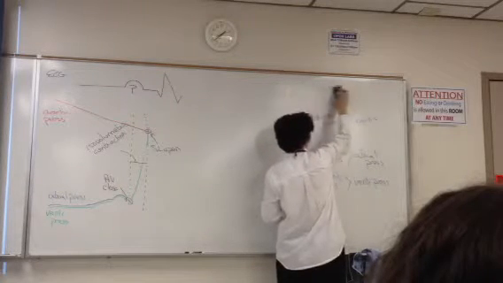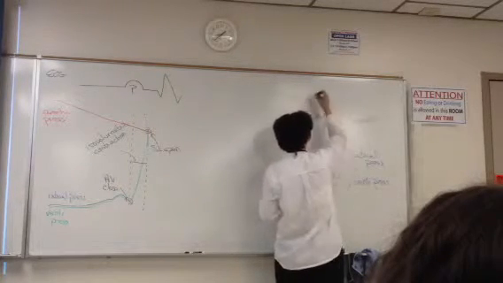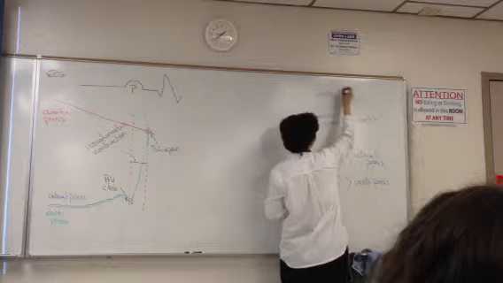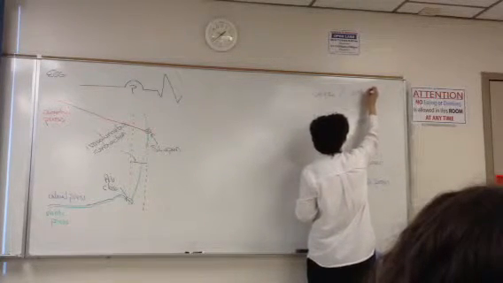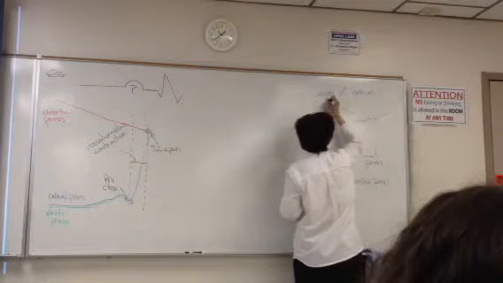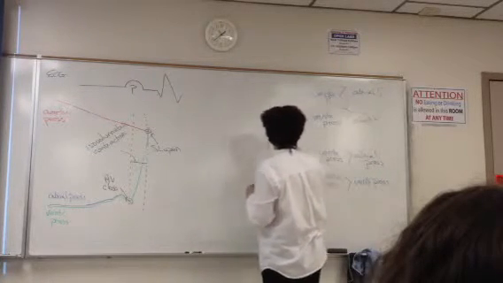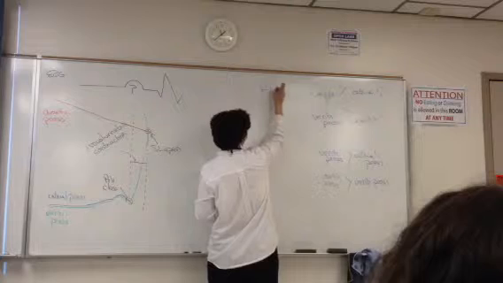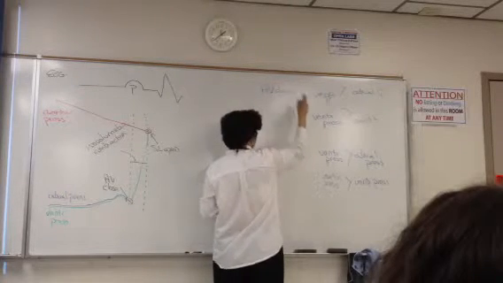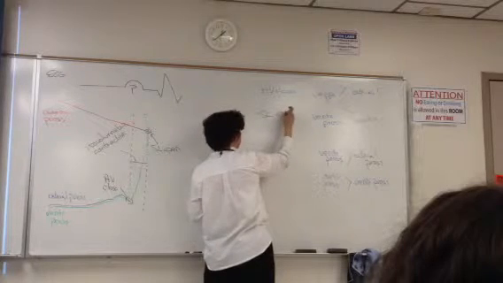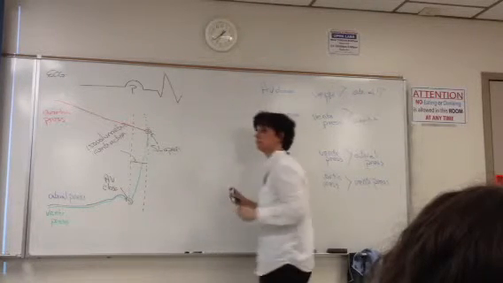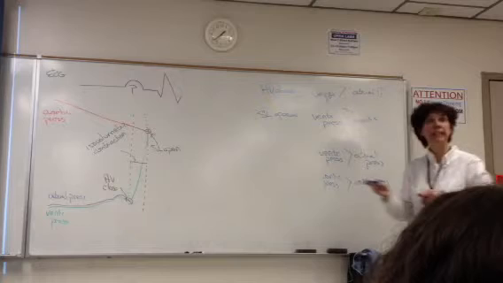Ventricular is greater than atrial. So when ventricular pressure is greater than atrial, our AV valves are closed. However, when ventricular pressure is greater than aortic, our semilunar valves are open. And now blood can leave the ventricles.